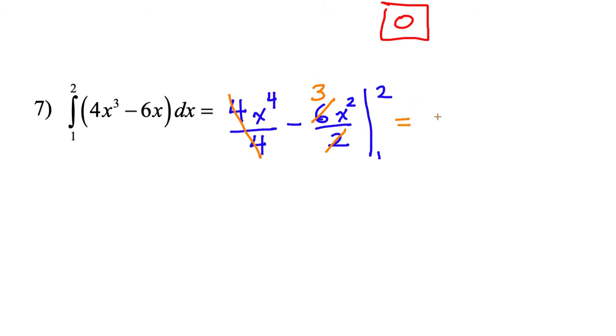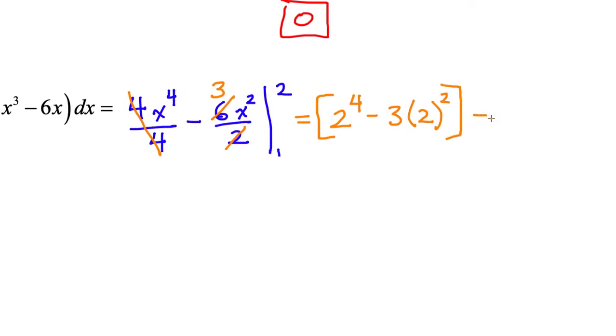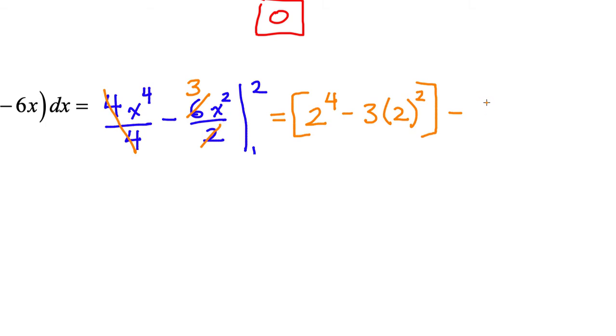So I'm equal to 2 to the power 4 minus 3 times 2 squared. That was the first time that I evaluated. And then I subtract, plug in 1. So 1 to the power 4 minus 3 times 1 squared. Okay, I'm not going to show as much work in this case. 2 to the power 4 is 16.